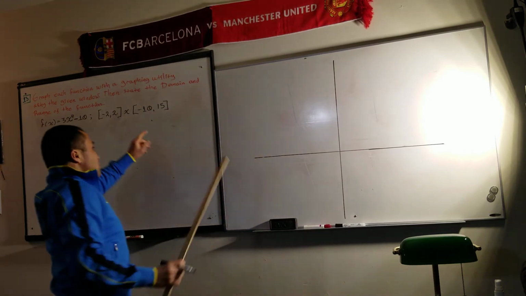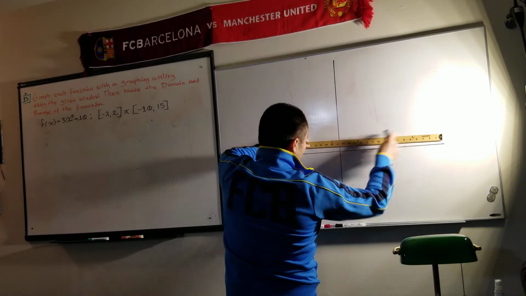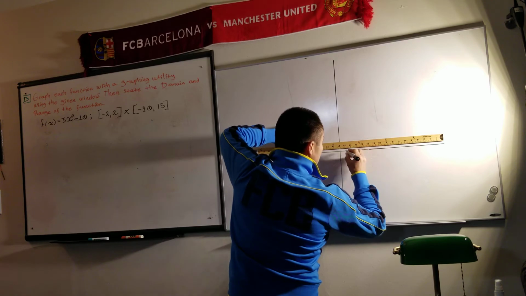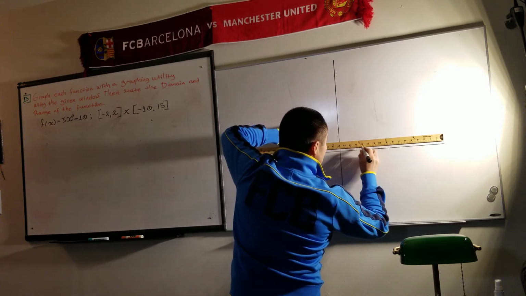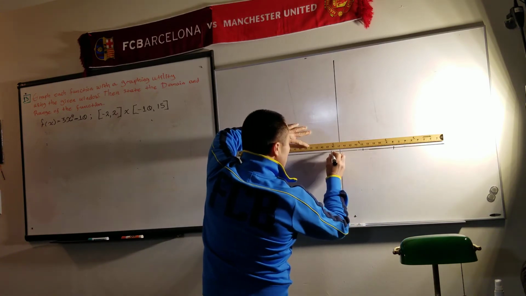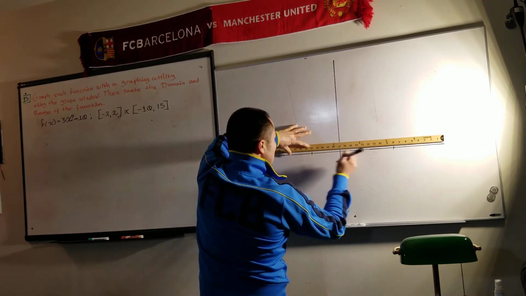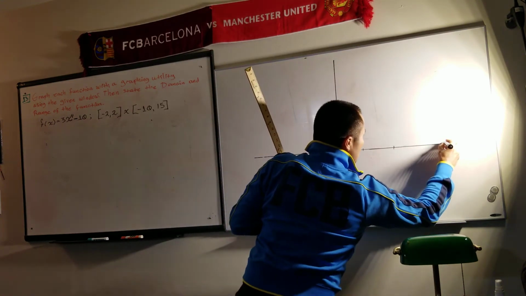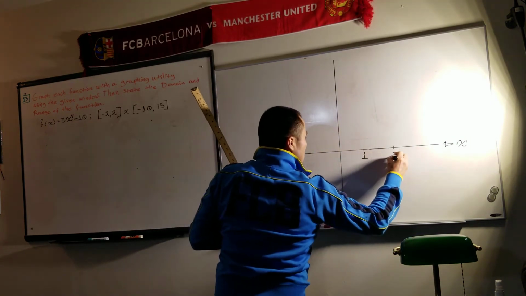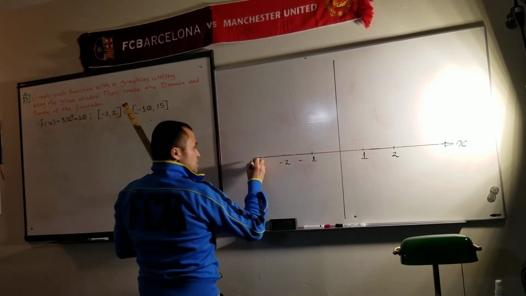We have that the x-axis goes from -2 to 2. So we have 1, 2, and we have -1, -2.